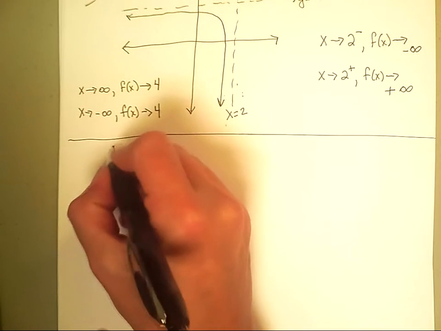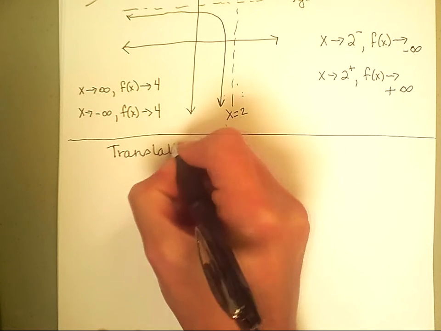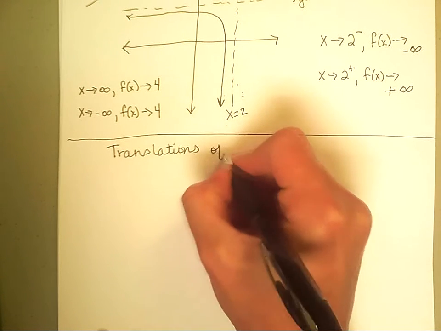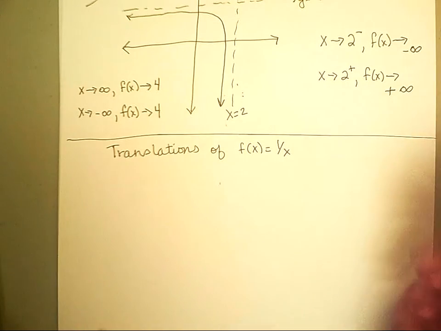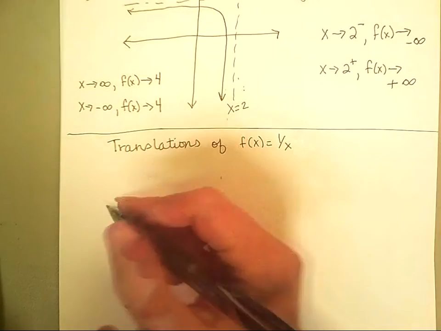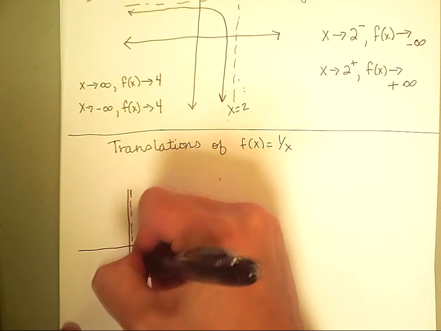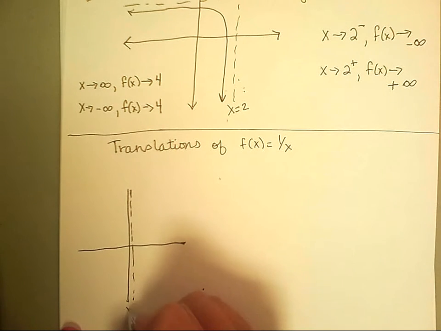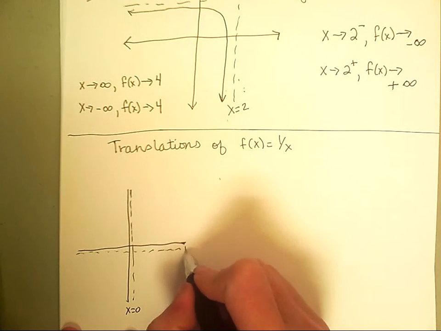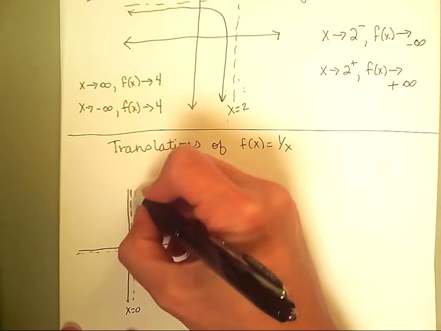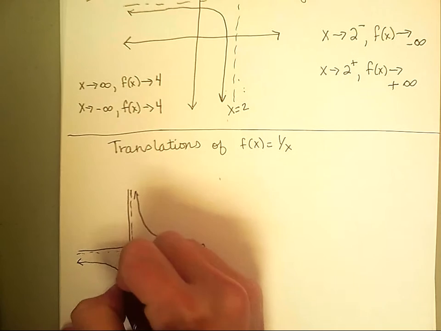Okay. Let's use translations now, of our function f of x is equal to 1 over x. So we know f of x being equal to 1 over x has a vertical asymptote at x equals 0 and a horizontal asymptote at y equals 0, and looks like so.